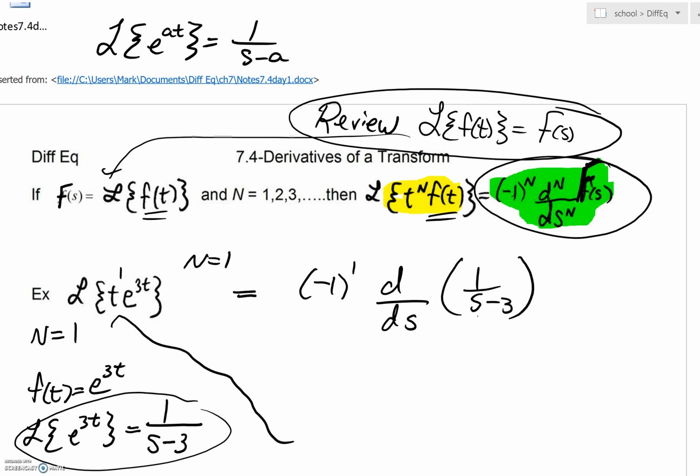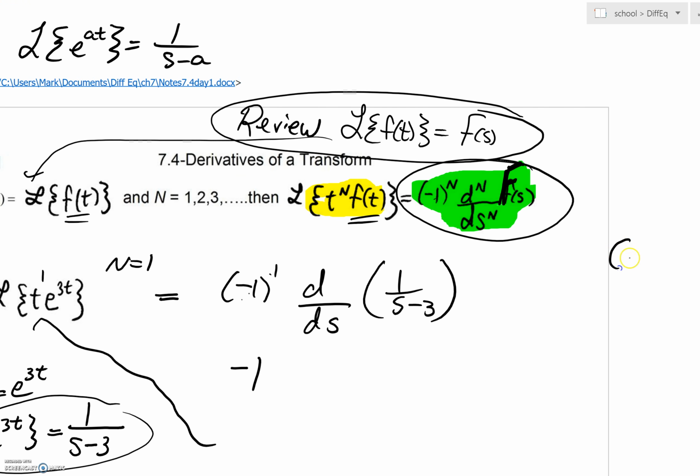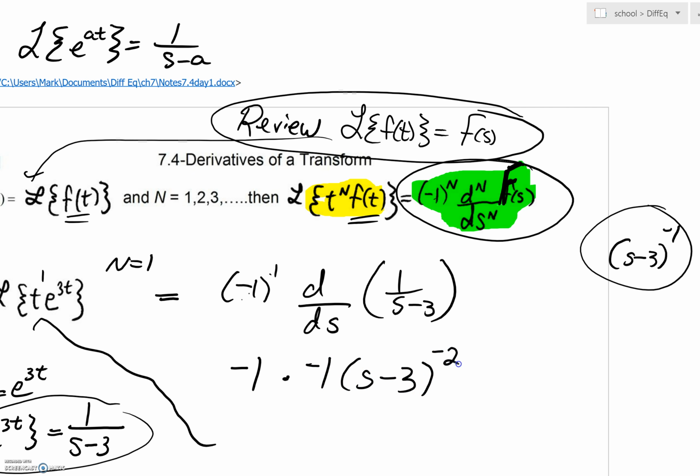Now, as we do that, first off, I hope you would agree that -1 to the 1 is simply -1. And by the way, this is really like s minus 3 to the -1. So how do I take the derivative of that? Bring down a -1, and then what do we get? s minus 3 to the -2, right?